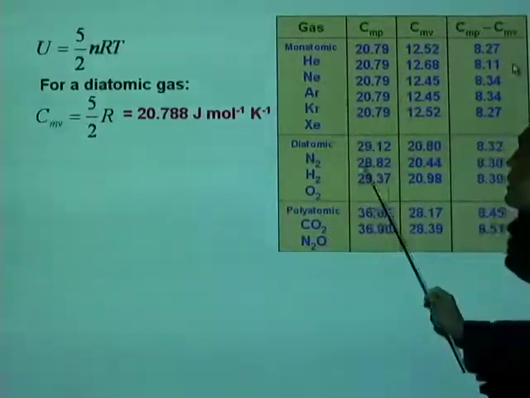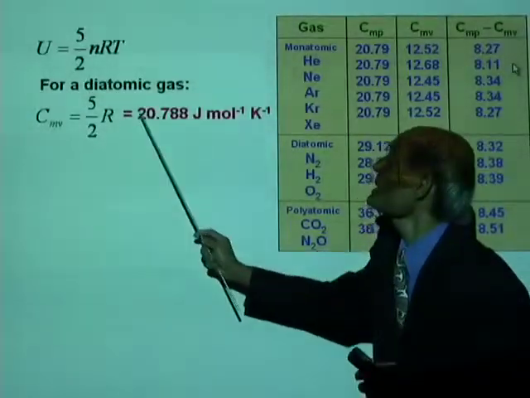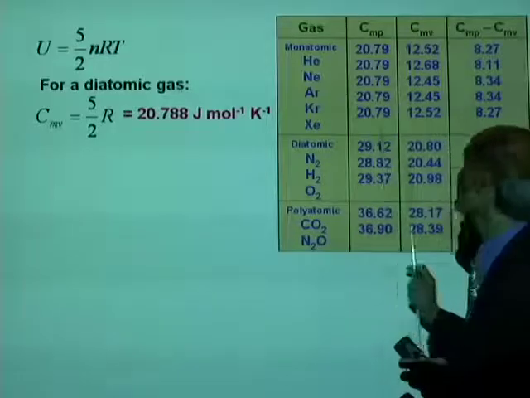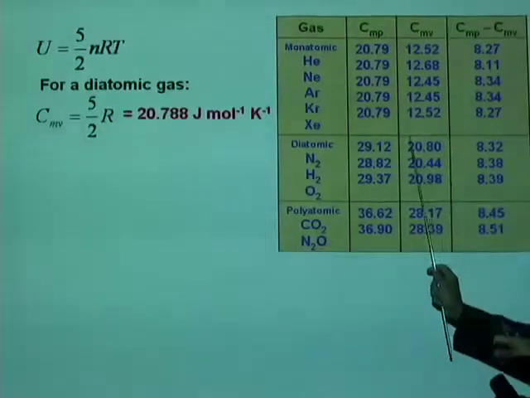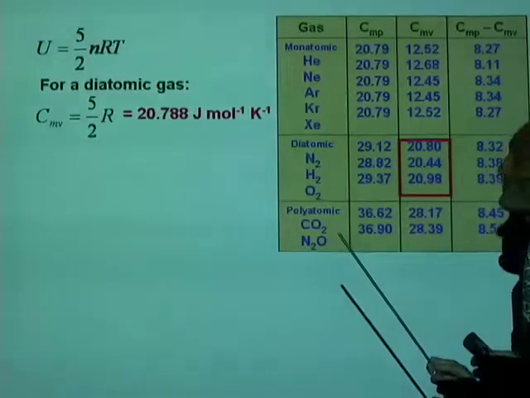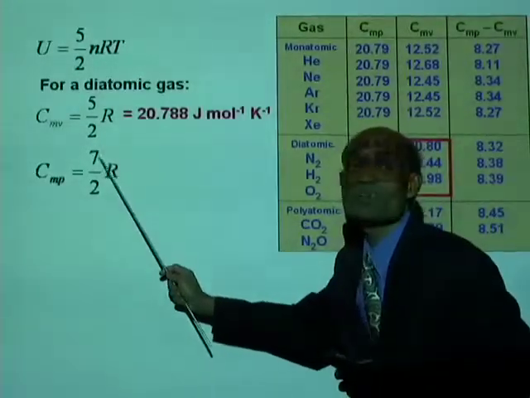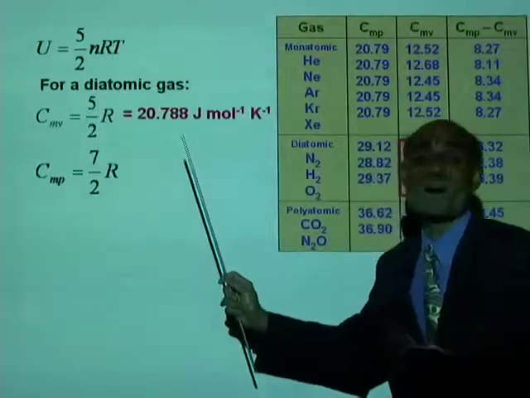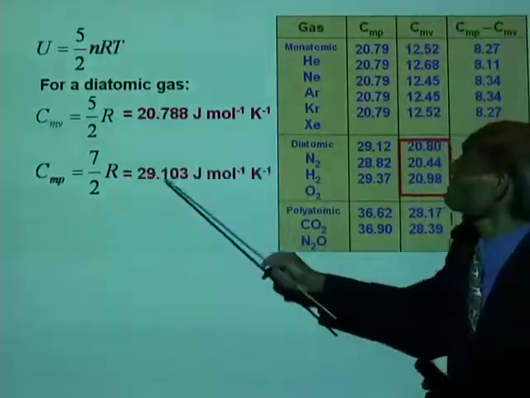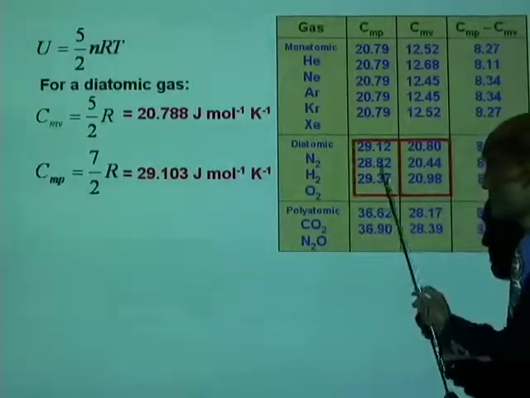And if you now look at the values for diatomic gas, CMV must be 5/2 R. Now, do they agree? Yes, they agree absolutely. And how about CMP? CMP then will be 7/2 R, and that must be equal to 29.103.